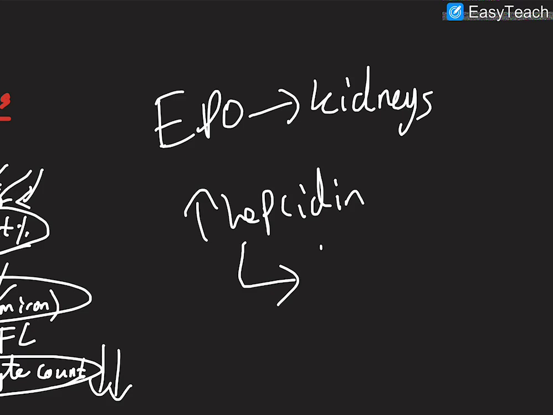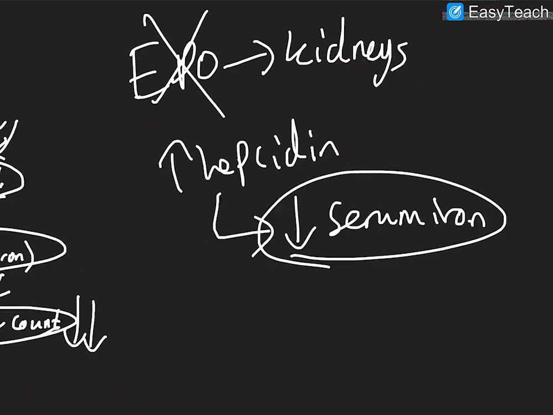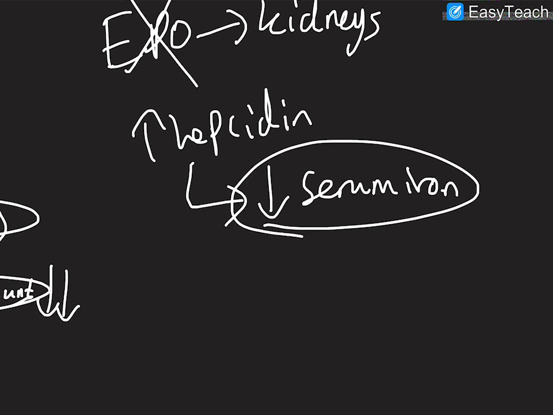Then that means you're going to have low serum iron. Okay, but on top of that, if they have chronic kidney disease, they're not able to make EPO. So then not only do they have low serum iron because they're storing iron in their cells, they also don't have enough EPO production, so they can't make an adequate amount of red blood cells in their bone marrow. Okay, so that's important to consider too.